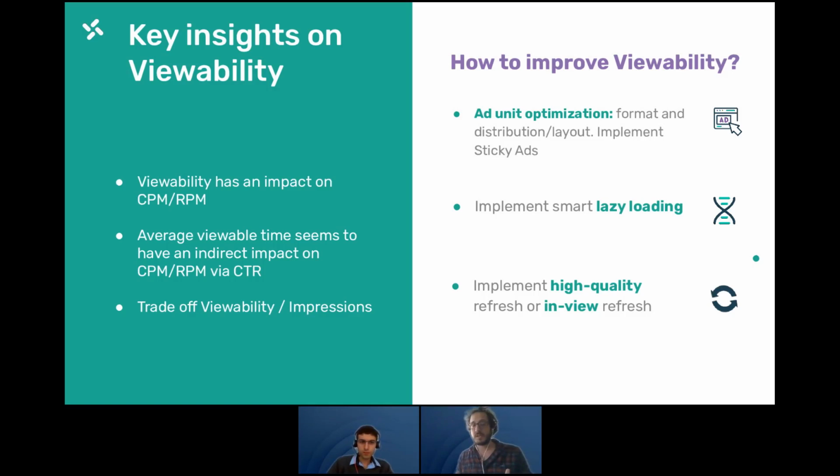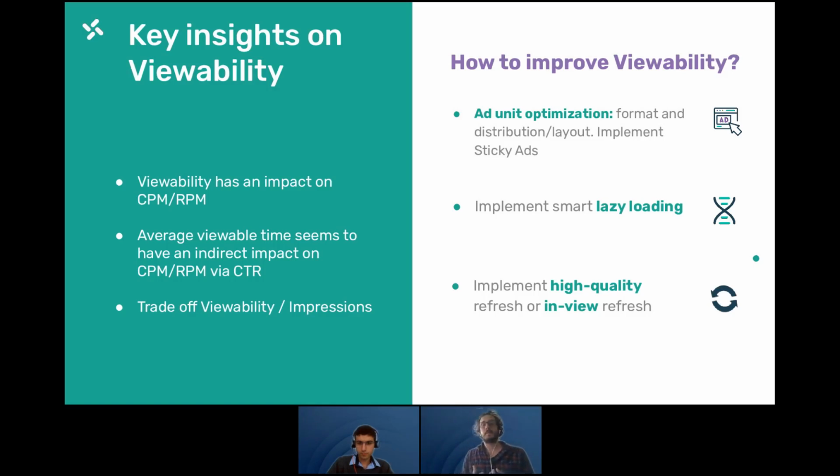And very often the uplift in terms of CPM that you get from being more viewable doesn't counterbalance the revenue brought by the impressions that you cut off to be more viewable.